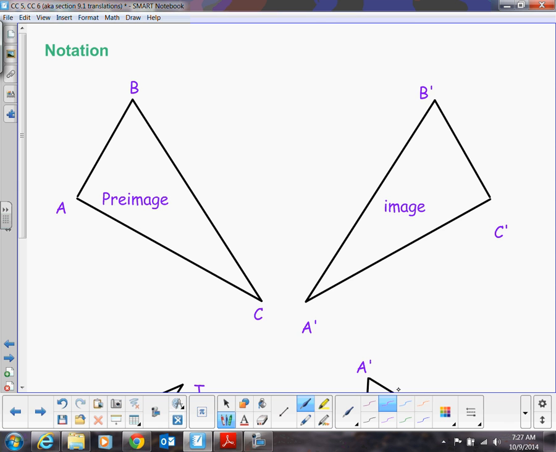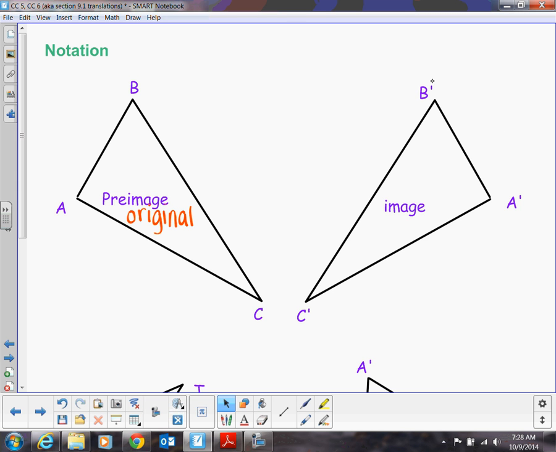This is the pre-image. What's another name for pre-image? Original. Will we use the word original? No. And this is the image. And I have not done this very well. So this should be here, and this should be here. When we do, one way in a picture that you know who is pre and who is image, the pre will always have ABC with nothing attached.